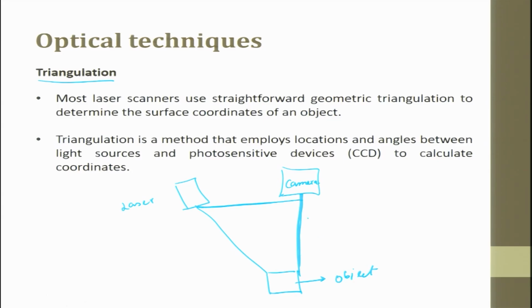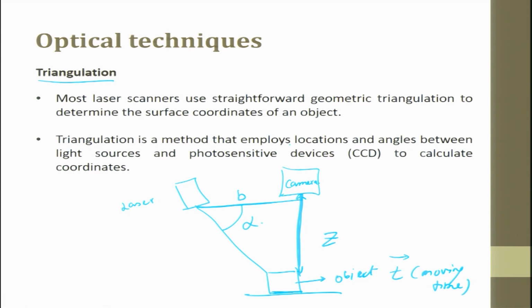So, this line is the height Z. The distance between this line is B, and this angle is alpha, and this object is moving at a speed of t vector, or acceleration, whatever it is.